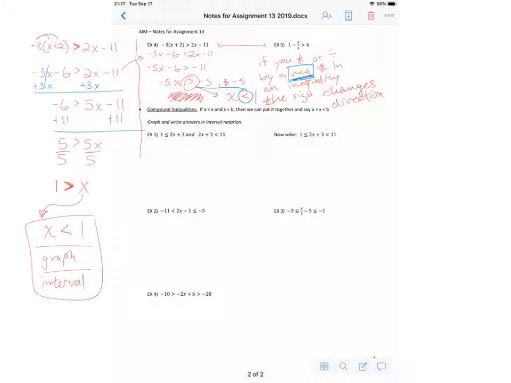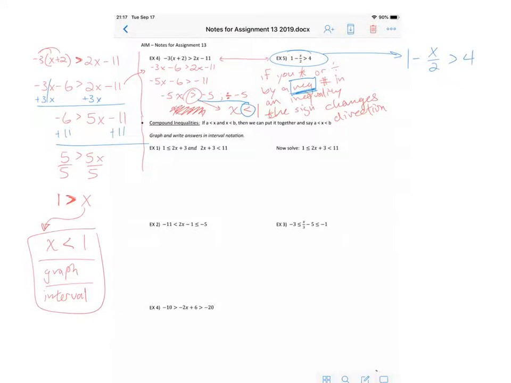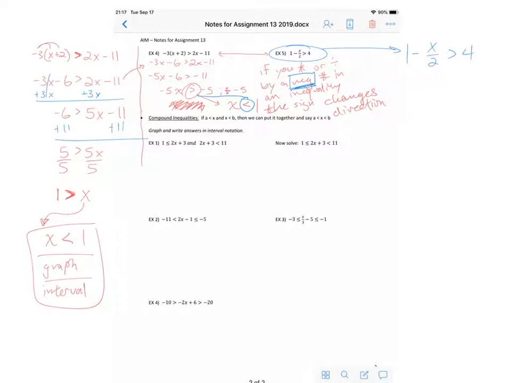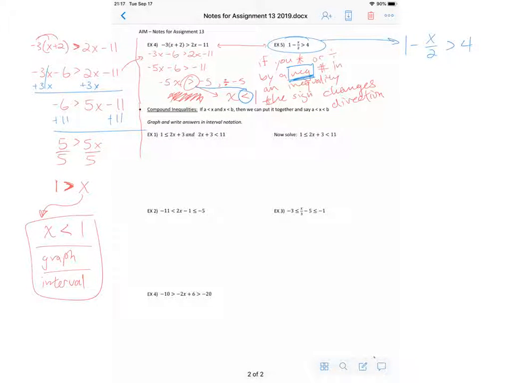For this one over here, you have 1 minus x over 2 is greater than 4. And if you have a fraction, you'll just want to multiply by the LCD, which is 2 in this case.